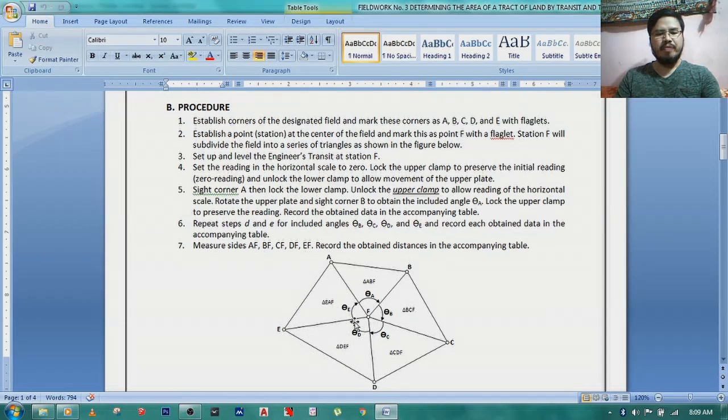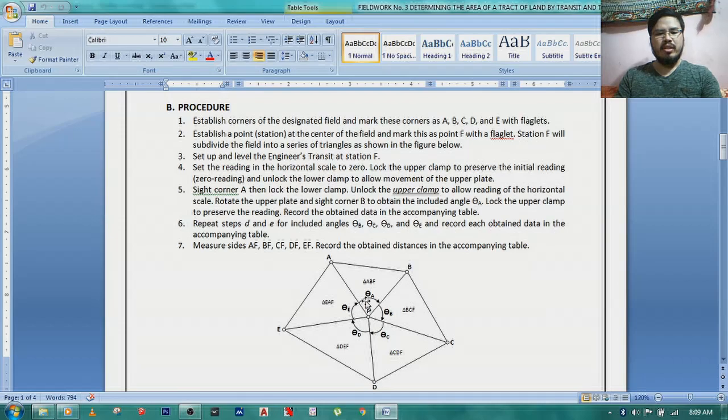Again, while the instrument man is determining the angle theta A, the head tape man and the rear tape man are measuring distances AF, BF, CF, DF, and EF.